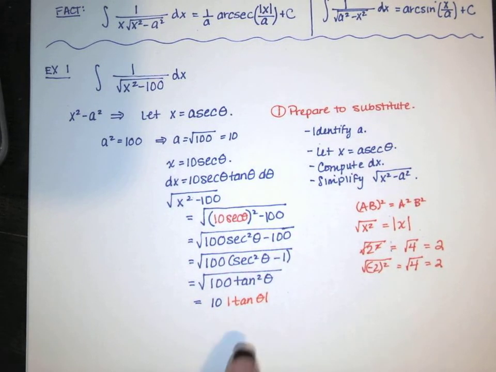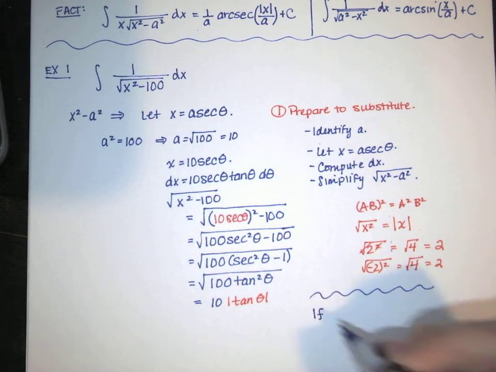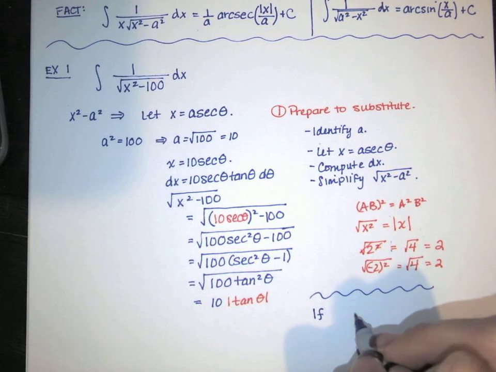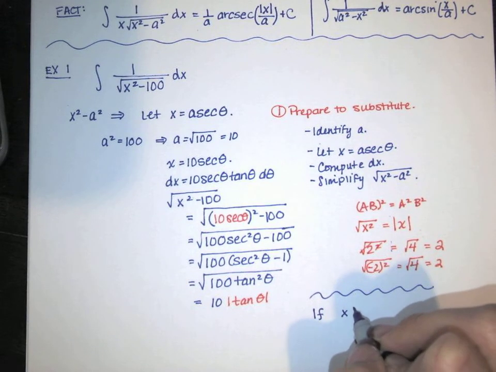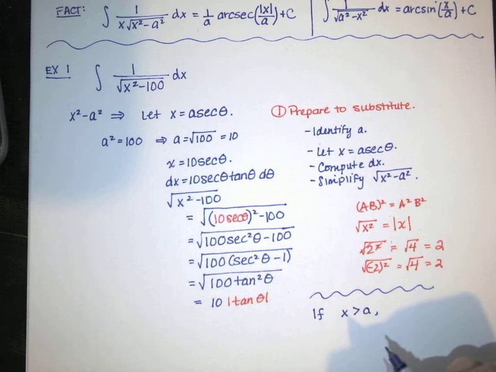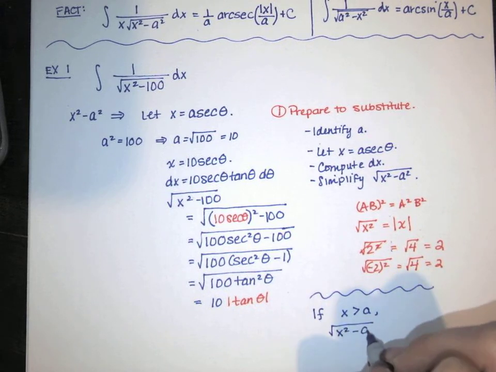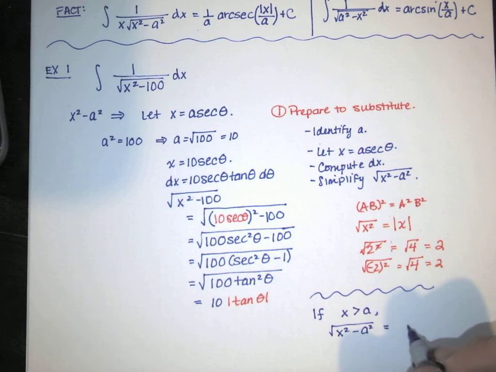And if I'm on an interval where x is greater than a, we're going to say that the square root of x squared minus a squared is a times the positive tangent of theta.